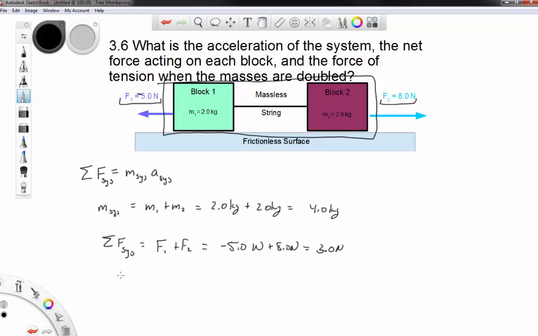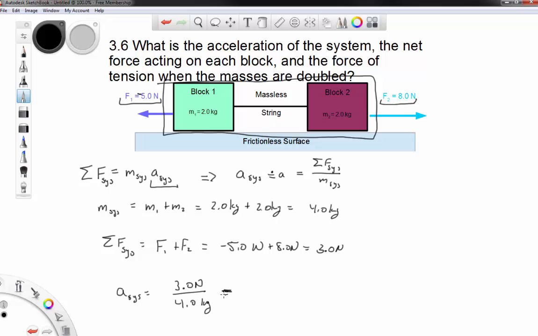Okay, what that means is that the acceleration for the system, which we often just represent with an a, is going to be the sum of forces on the system divided by the mass of the system. So the acceleration for the system is going to be 3.0 newtons divided by 4.0 kilograms.